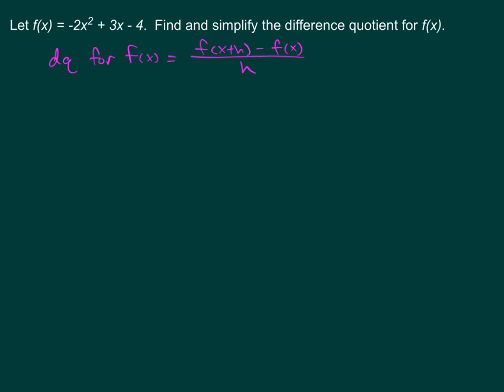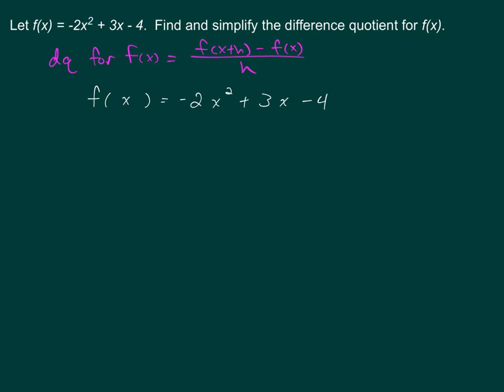So one of the first things that you need to do in order to figure out the difference quotient for a function is first find f of x plus h. Well, luckily, you'll be given a function every time, so we already know what f of x is. F of x equals -2x squared plus 3x minus 4.